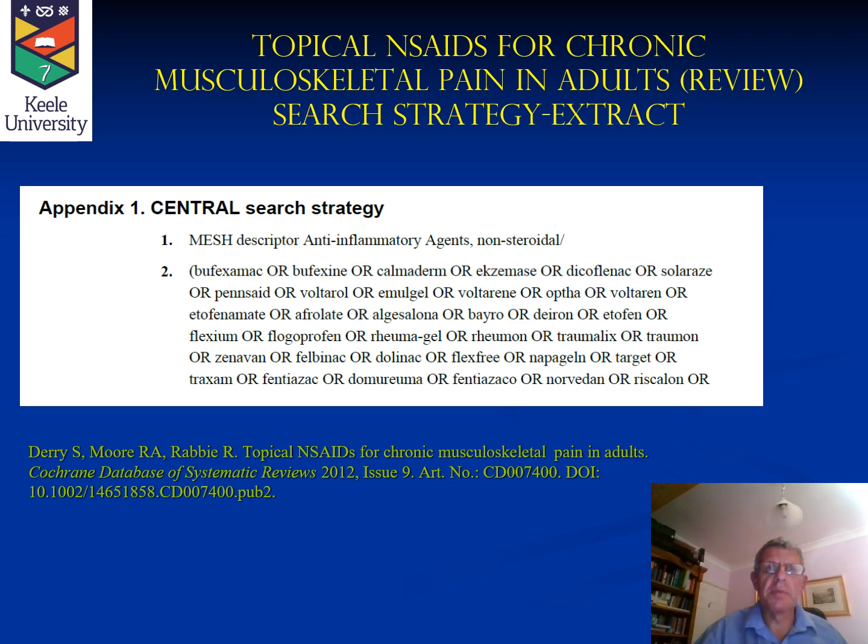Manufacturers had previously been asked for details of unpublished studies, and for this review they asked companies with research interests or products licensed for chronic musculoskeletal pains about unpublished studies. One company provided information on published and unpublished trials.